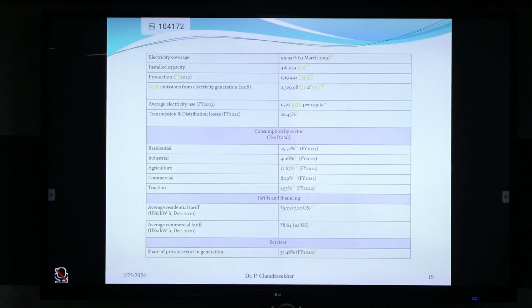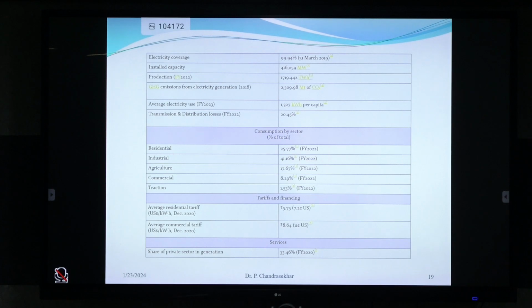This is a brief slide. The coverage, they are talking about 99.94%, but as I have discussed, we still have more than 1 lakh villages in India which need to be electrified. And our installed capacity is around 420 gigawatts, and per capita consumption, as I mentioned, is 1327.